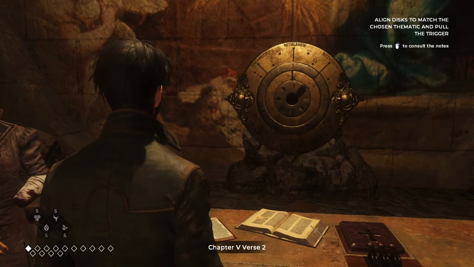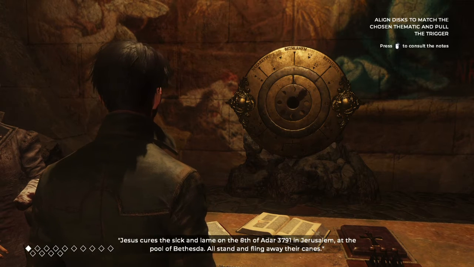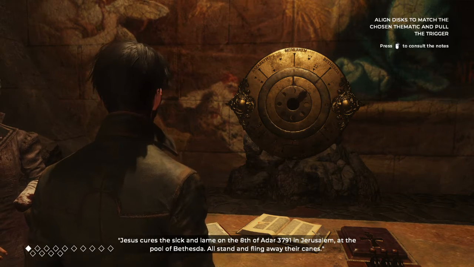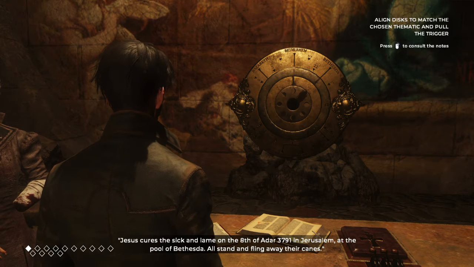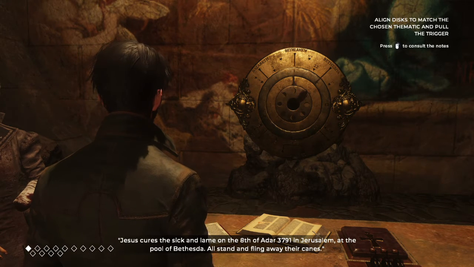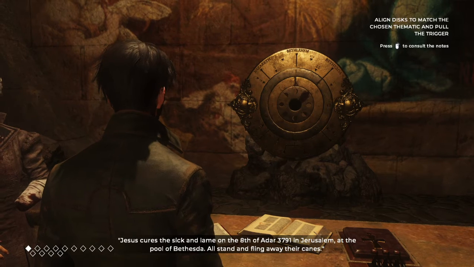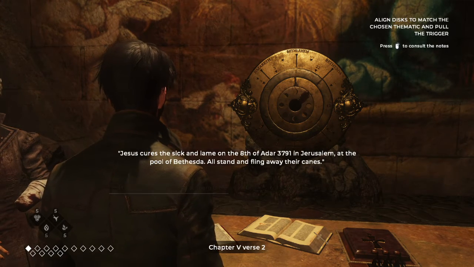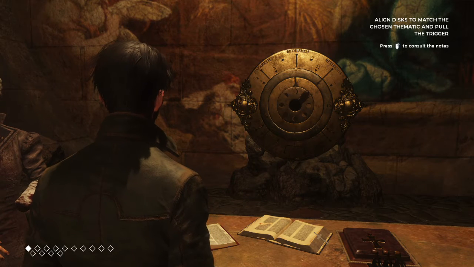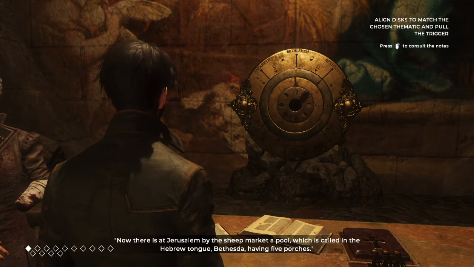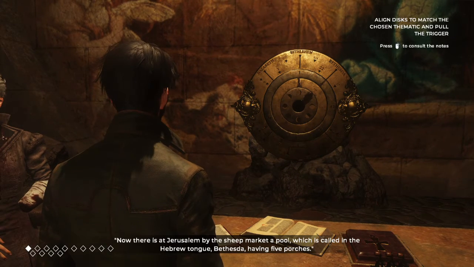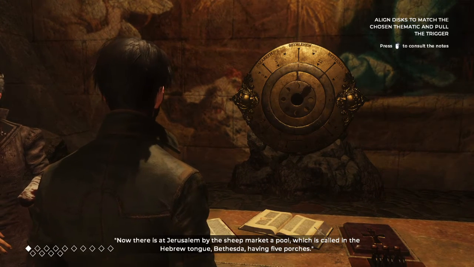Chapter 5, verse 2. Jesus cures the sick and lame on the 8th of Adar, 3791, in Jerusalem, at the pool of Bethesda. All stand and fling away their canes. Now there is at Jerusalem, by the sheep market, a pool, which is called in the Hebrew tongue Bethesda, having five porches.